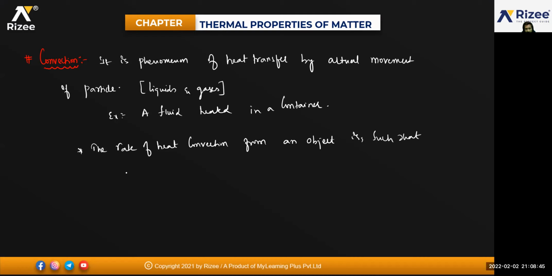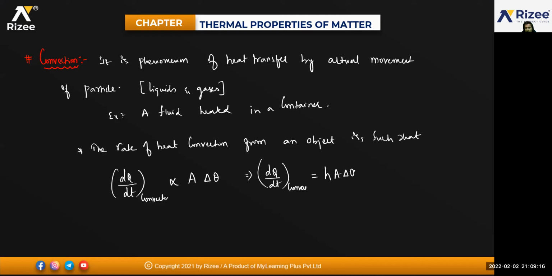So it is dQ by dt due to convection. Q is the energy, t is time, and it is directly proportional to area and also directly proportional to the temperature difference. So dQ by dt due to convection is equal to a constant H into A into delta theta.